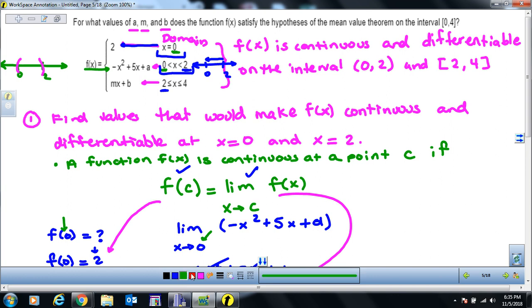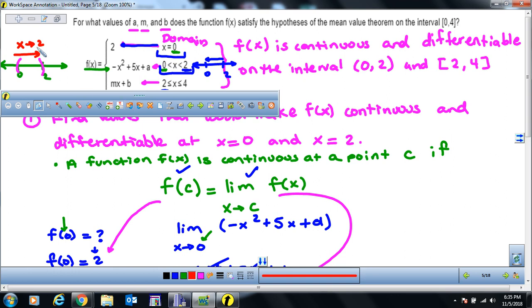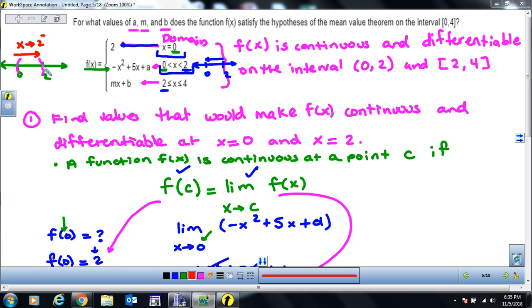You would be approaching the 2, but from the right side. Oops, I said from the right side, but it should be from the left side, right? Coming from the smaller numbers than 2. From 0, going towards the 2. 0.1, 0.2, 0.3, 1, and so forth.